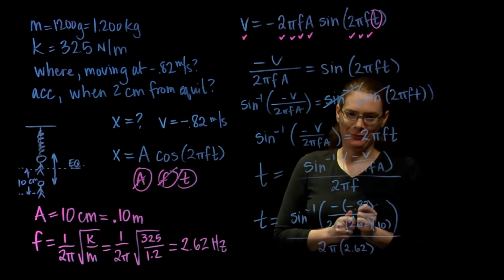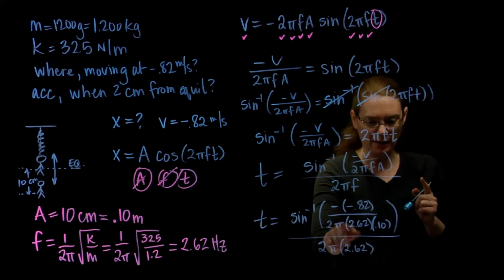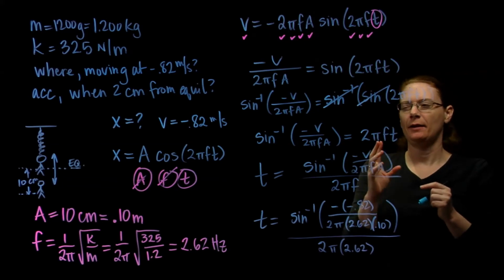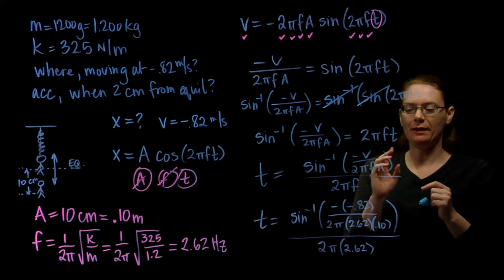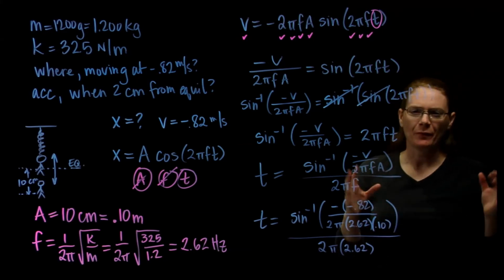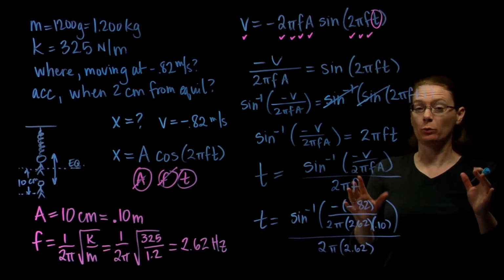And now be careful. This is the important thing with this. Anytime you see a 2 pi, that should trigger in your head units. If we're taking the sine or the inverse sine or cosine of something involving a 2 pi, we have to remember that we are dealing with radians.